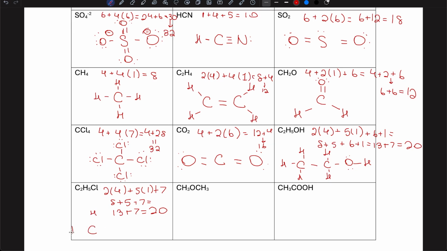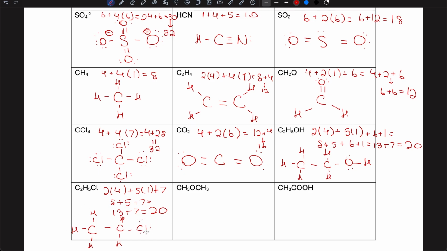So H, C, H, running out of space over here, Cl. It's probably going to look like that because it's a halogen. So if we count everything up, 1, 2, 3, 4, 5, 6, 7, 8, 9, 10, 11, 12, 13, 14, 15, 16, 17, 18, 19, 20.